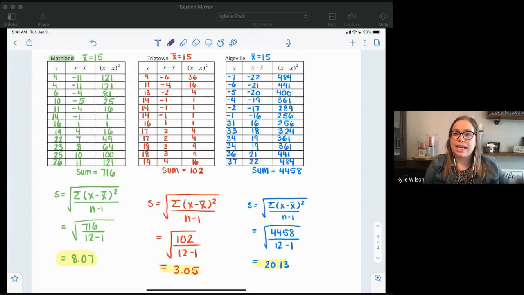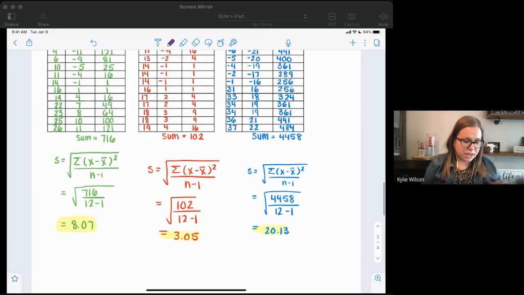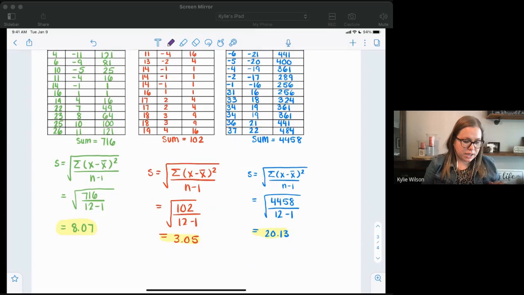If my data was perfect, so if all of my data points were equivalent to my mean, so for example, in this case, if my mean was 15 and the average temperature each month was also 15, my standard deviation would be 0 because all of my points are right on the mean. So there's no distance from the mean, they're all right there. So the larger your standard deviation is, the further from the mean your data points are. That's what that means. So here, because Algaeville's is so much higher, we can see that they're more spread out.